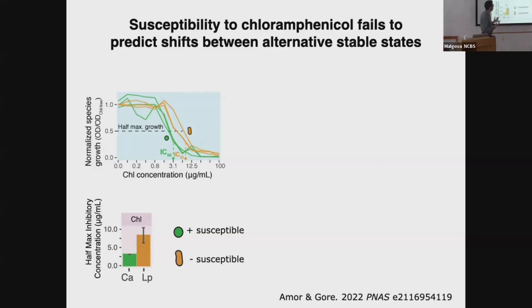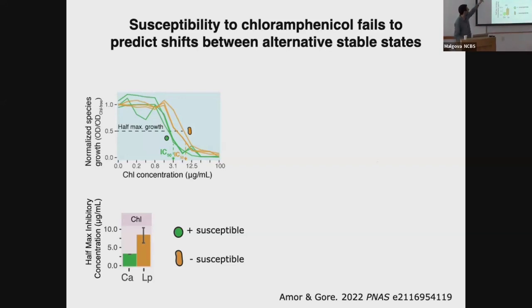The measure we are using here is the IC50, which is the half maximum inhibitory concentration. At what concentration am I reducing the growth to 50% of the original one? So based on this, we conclude that the green bacteria is more susceptible than the orange bacteria.